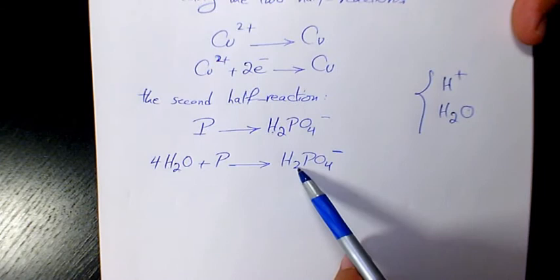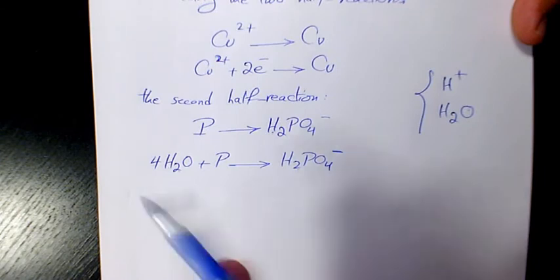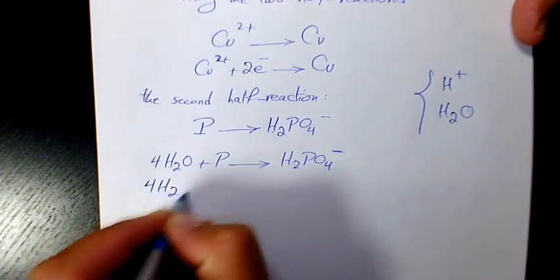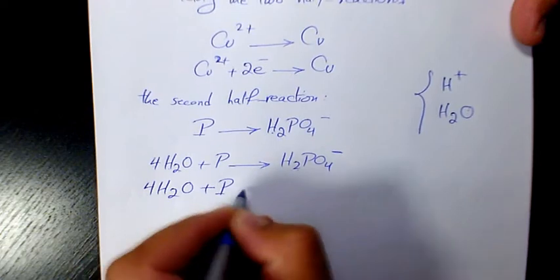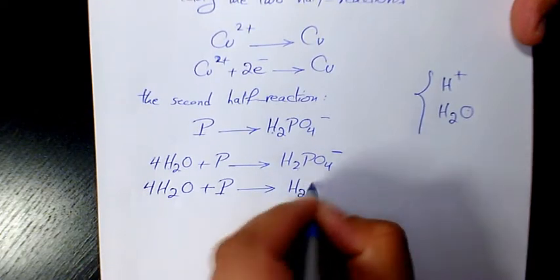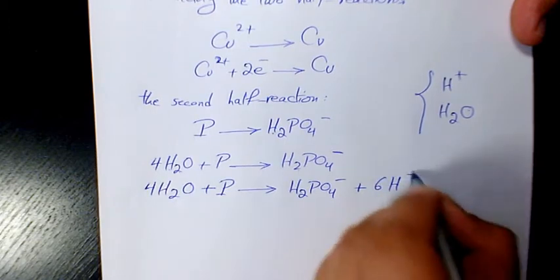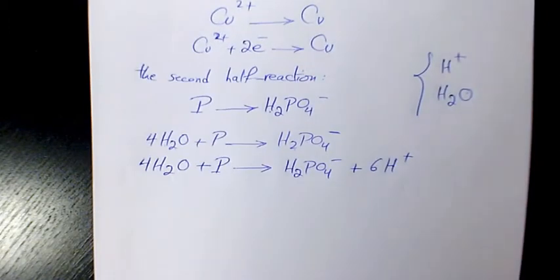We have 2 hydrogen on the product side. So in order to balance them, we need to add 6 protons on the product side. So it's going to be 4 H2O plus P gives H2PO4- plus 6 H+. Now all the atoms are balanced. Phosphorus is balanced, oxygen is balanced, hydrogen is also balanced.